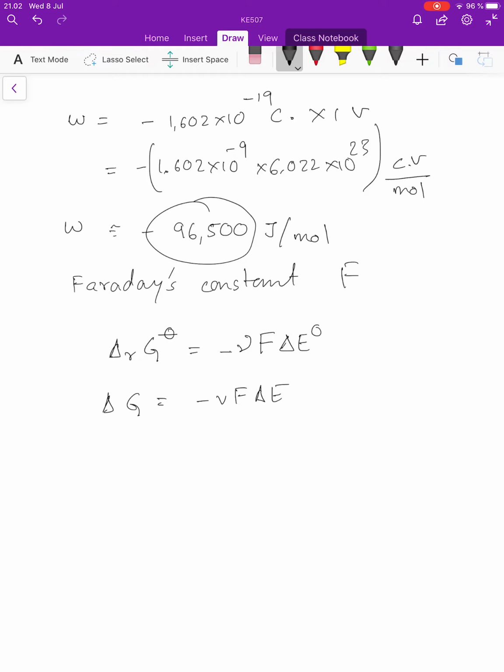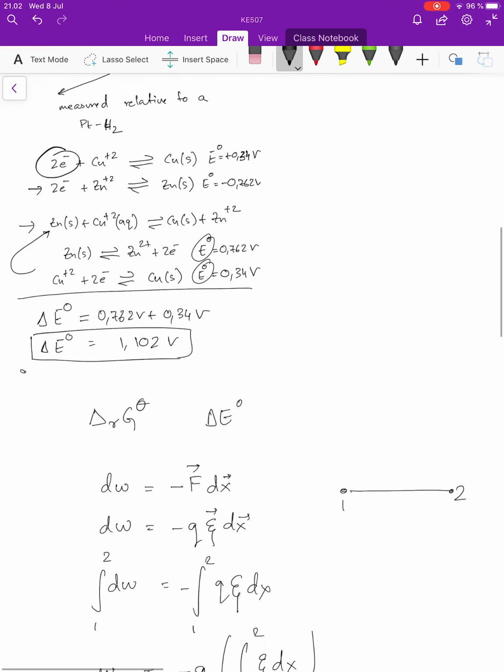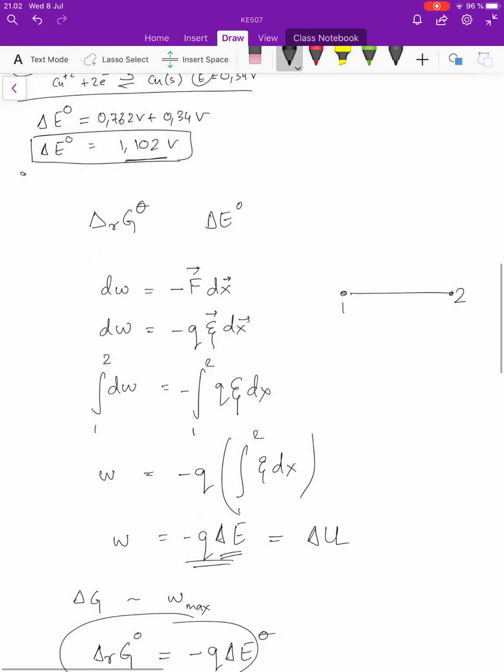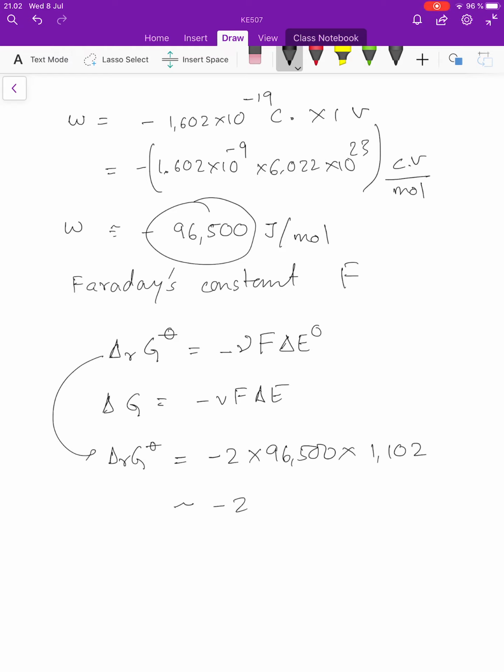So for our copper zinc case, if we go back up, you can see that 2 electrons are getting transferred and the potential difference is 1.102 volt. So the standard reaction Gibbs free energy is minus 2 multiplied by 96500 multiplied by 1.102, which is approximately equal to minus 213 kilojoule per mole.